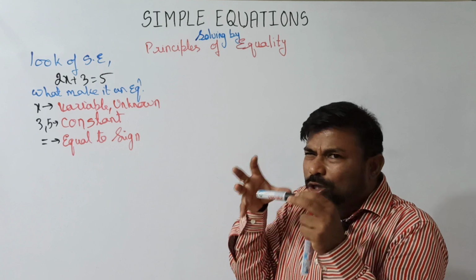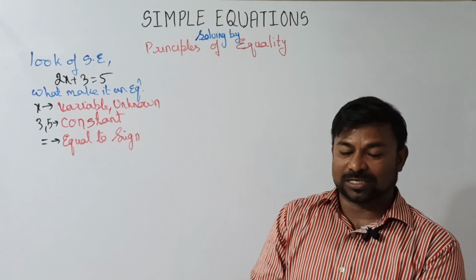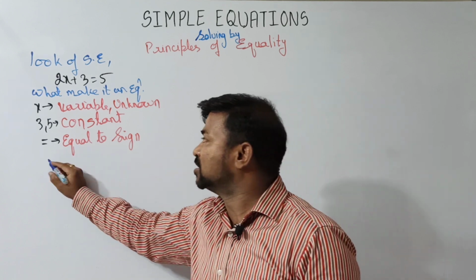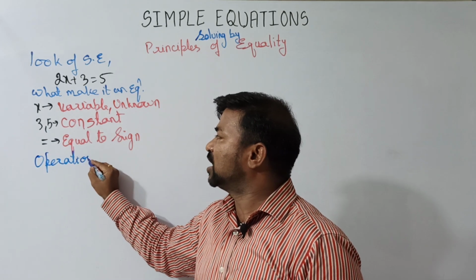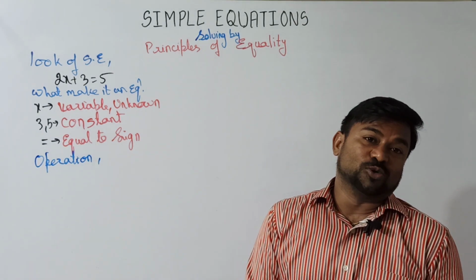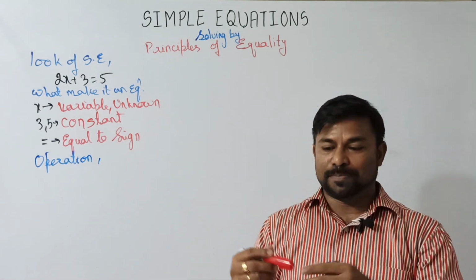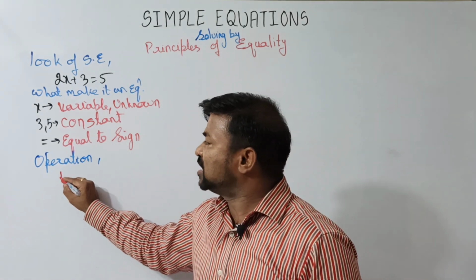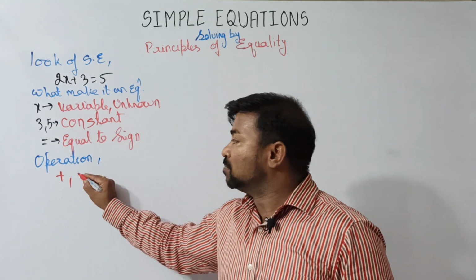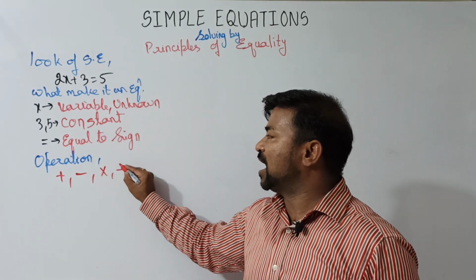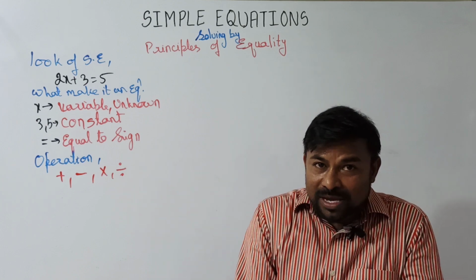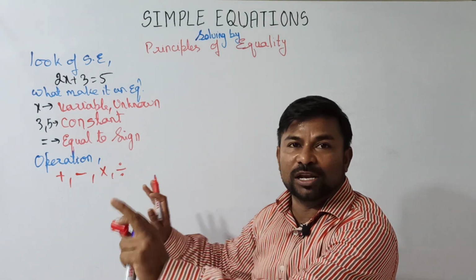Now, what are the operations it has? As you all know from the basics, plus is the first operation, subtraction is the second, then multiplication and division. For the time being, in simple equations we deal with these four.